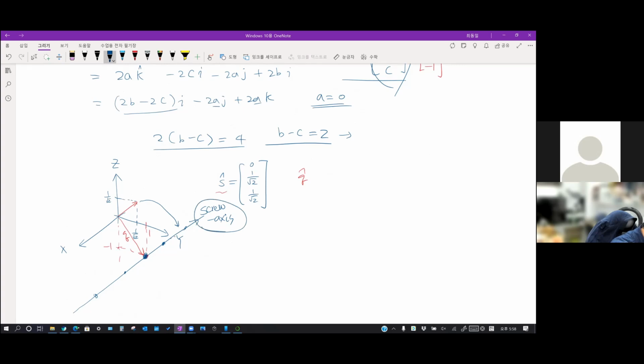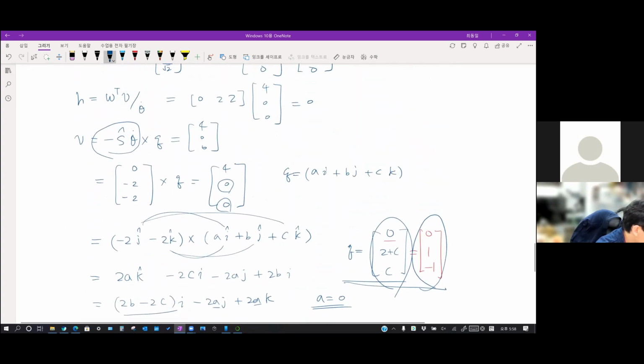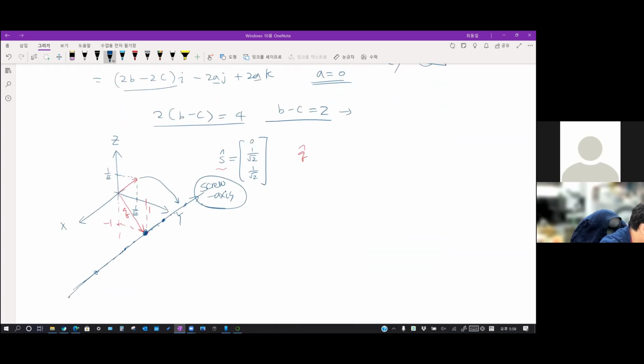So all the points on the screw axis can be Q. So one of the Q values is this one. So the resultant solution is like this.